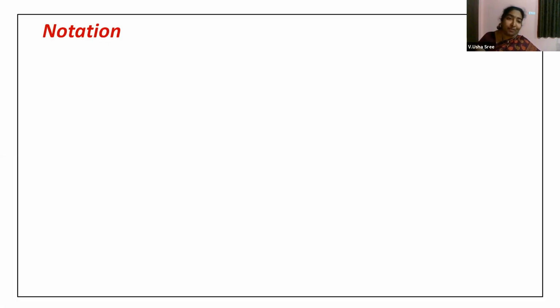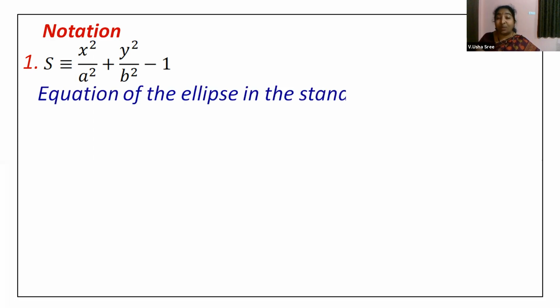Likewise, we have some notation for ellipse also. Here for ellipse, we take S as x square by a square plus y square by b square minus 1. This we are taking as the standard ellipse equation and we represent it as S is equal to 0. Okay, then what will be S1, children?